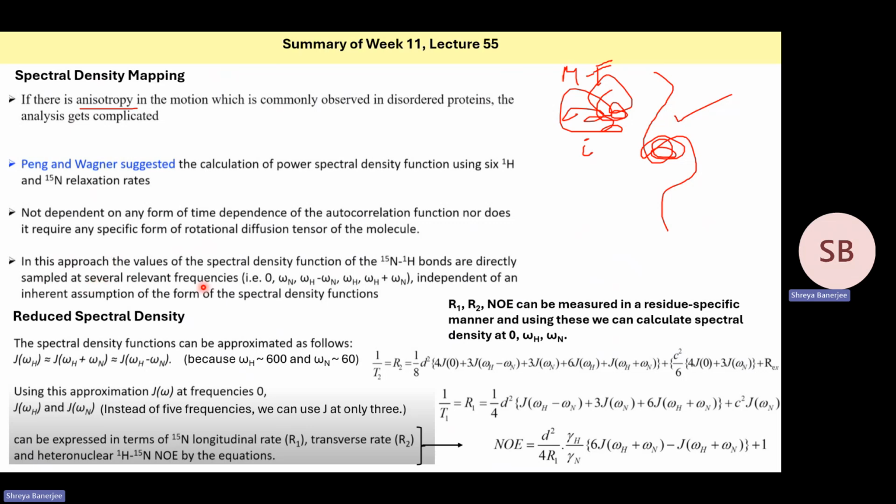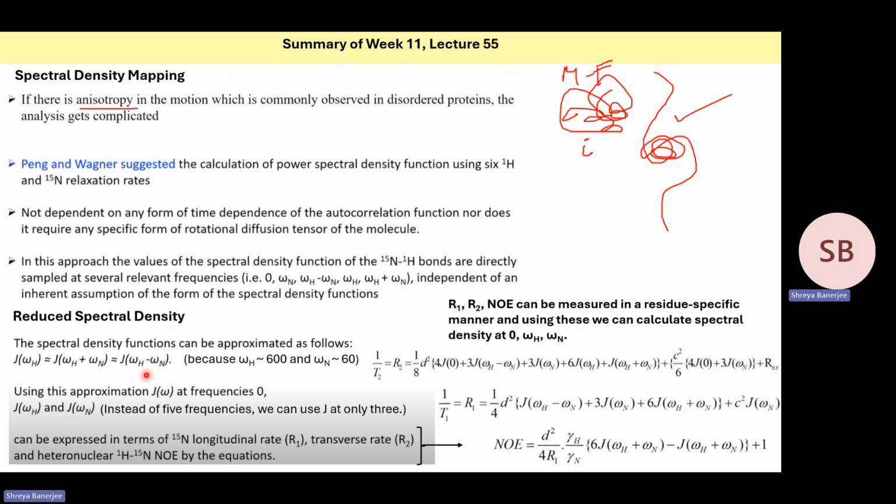So the spectral density is taken at different frequencies. And we already saw before that this is a problem because you need the spectral density function at 5 frequencies, but there are only 3 known experimental observables, R1, R2, and NOE. So somehow the number of frequencies has to be reduced. So you have 3 known and 3 unknown values.